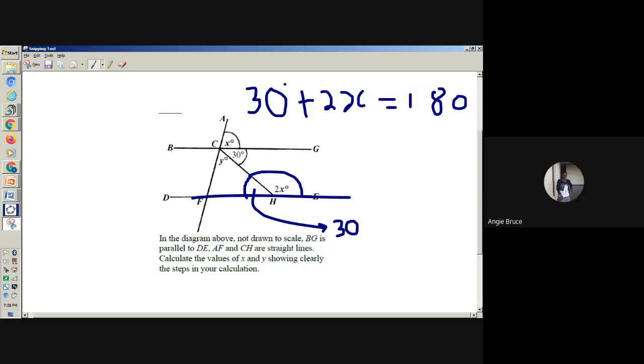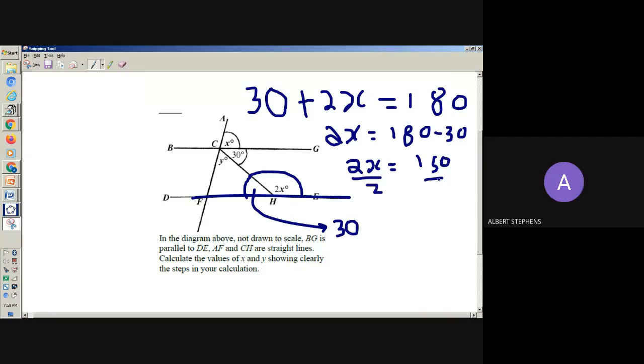What I did was 2x equals 180 minus 30. So that's 150. And what's 180 minus 30? 150.